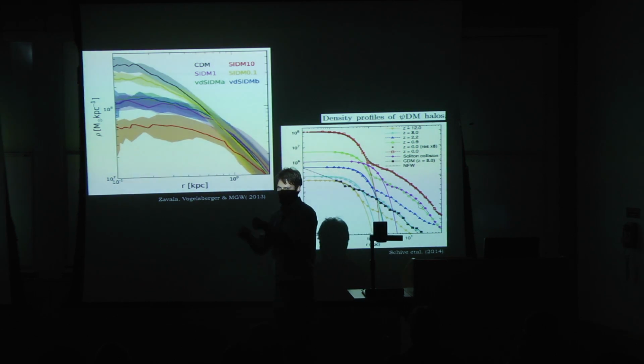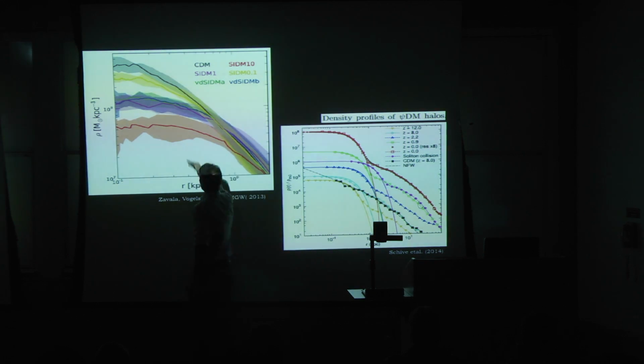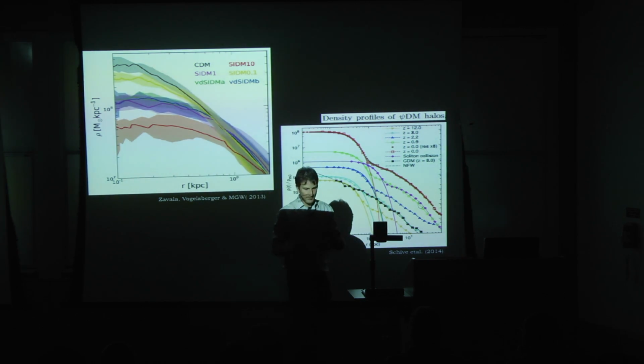In regions of high density, such as that original NFW cusp, particles find each other and scatter out, so that reduces the central density, and depending on what the cross-section for that interaction would be, you can lower the densities away from vanilla CDM predictions.